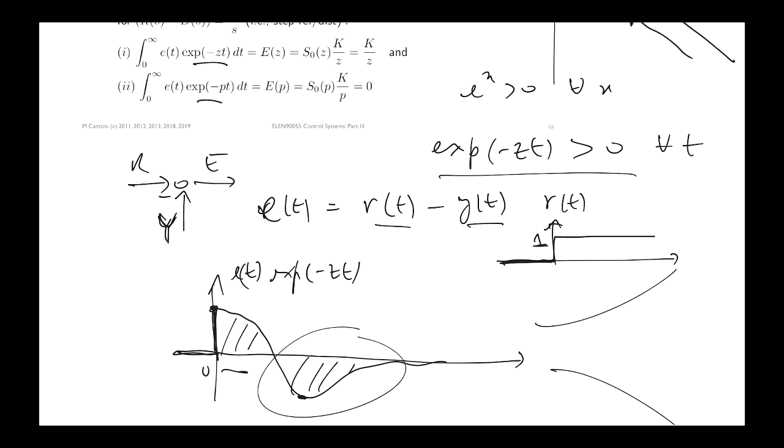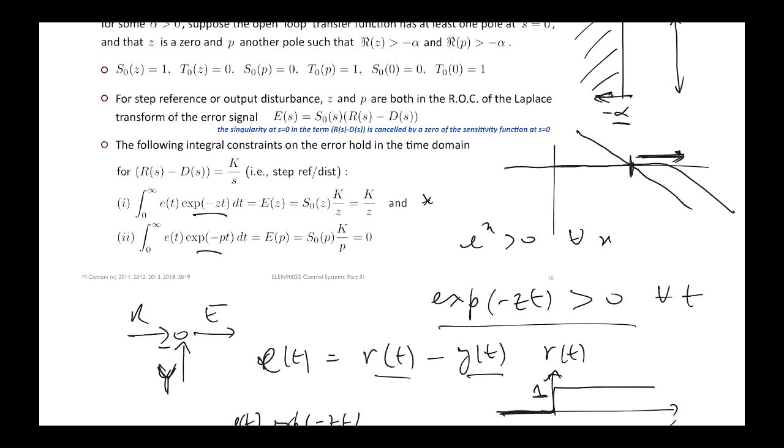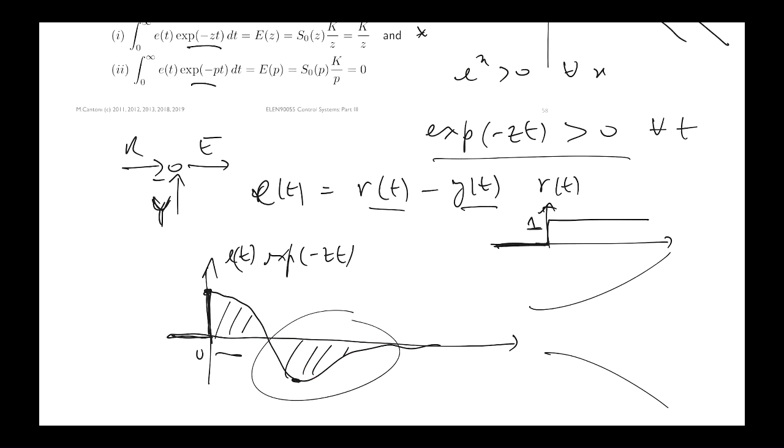So this constraint is telling you that when z is negative, in other words, when the 0 sits here, then the error must change sign. What does it changing sign from initial positive value to become a negative value so that we can satisfy this constraint mean? Well, it means at some time the error is negative.